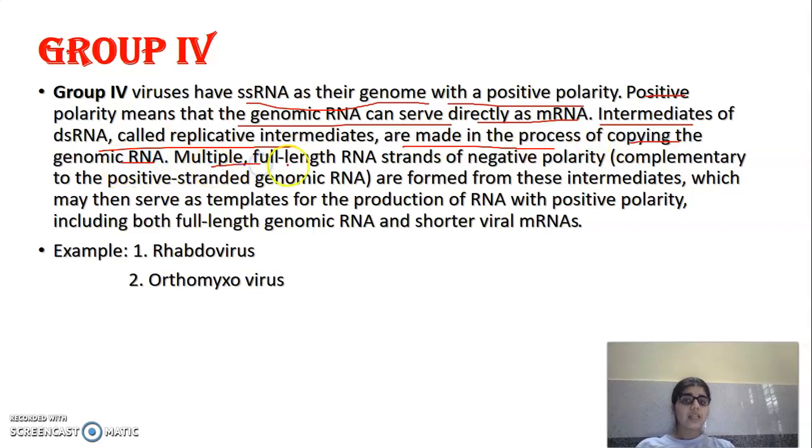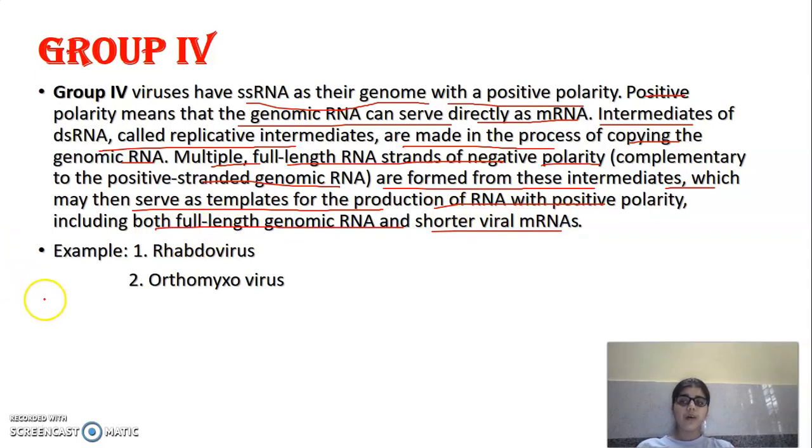Multiple full-length RNA strands of negative polarity that are complementary to the positive-stranded genomic RNA are formed from these intermediates, which may then serve as the templates for the production of RNA with positive polarity, including both full-length genomic RNA and shorter viral mRNAs.